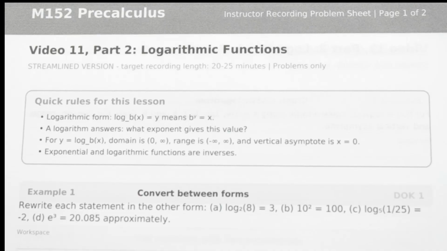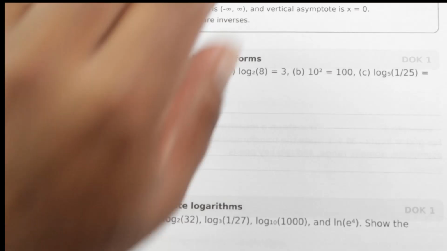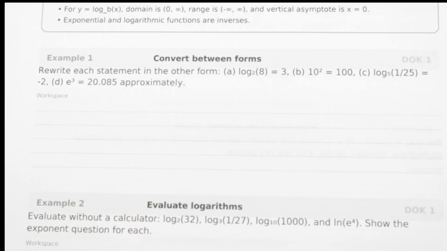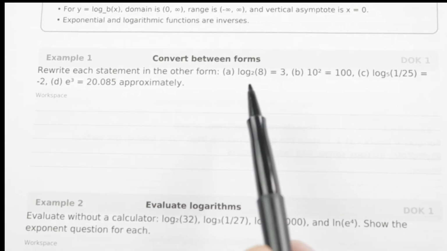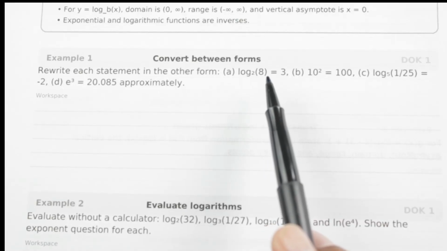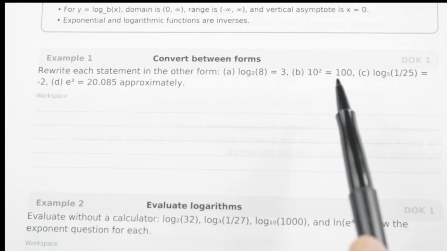Okay, now let's deal with example number one. Example number one asks us to convert between forms. It says rewrite each statement in the other form. So we have log base 2 of 8 equals 3. And then b is 10 to the power of 2 equals 100.